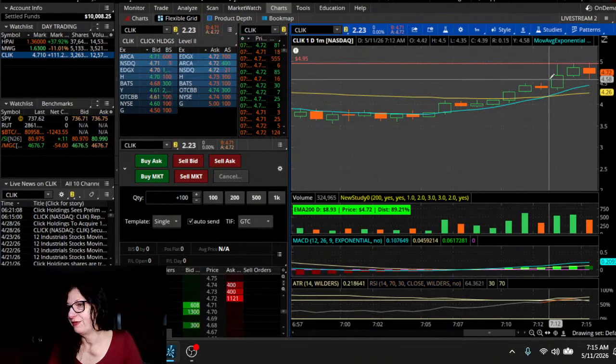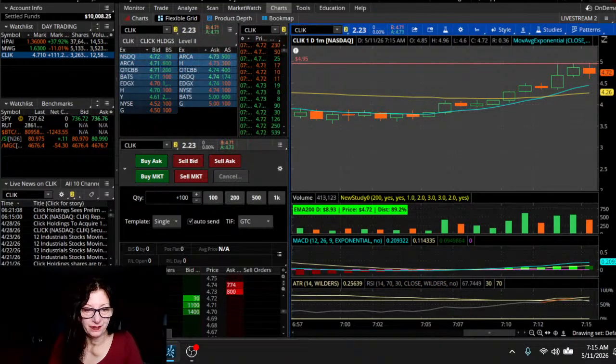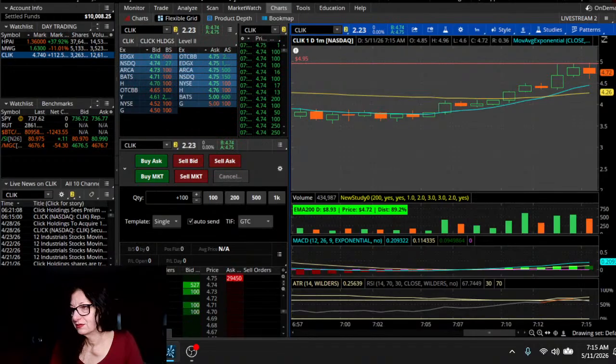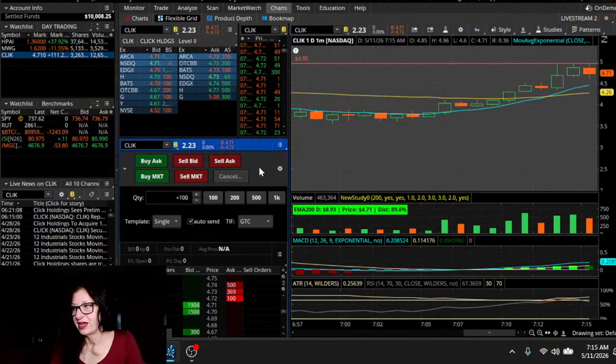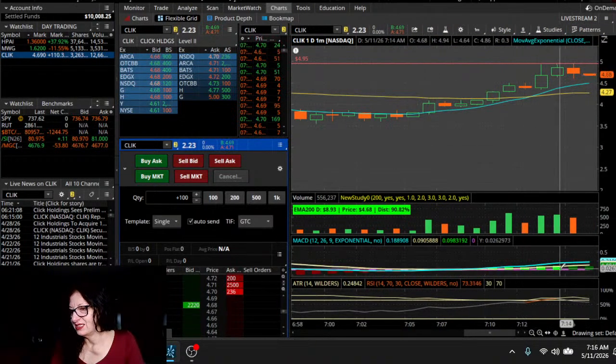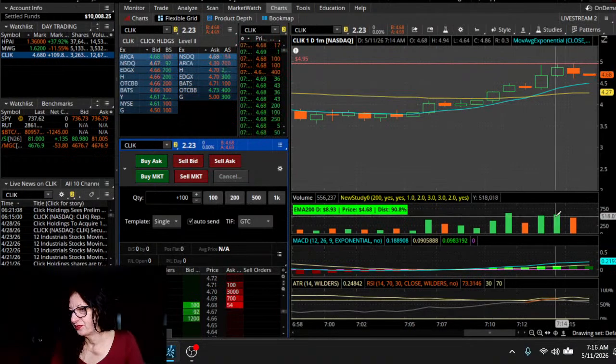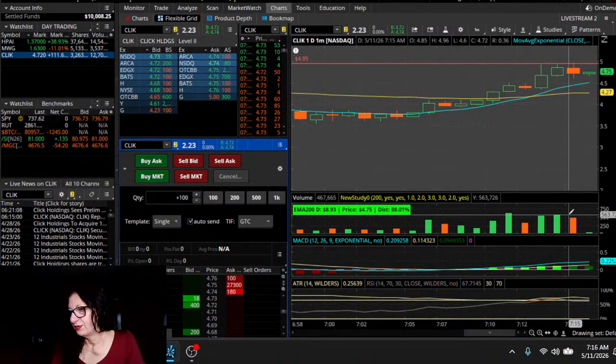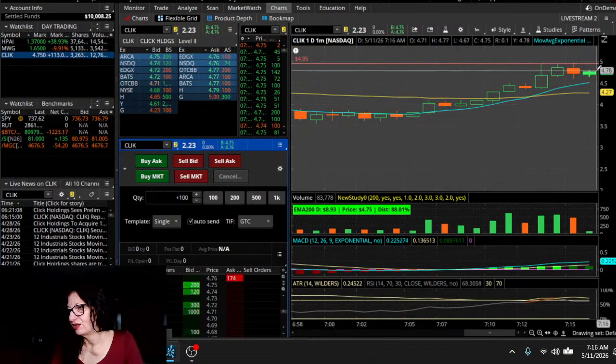Looks like we have maybe a flat top breakout brewing here. Potentially a flat top breakout. So the MACD is still green. The volume is kind of pulling back here.